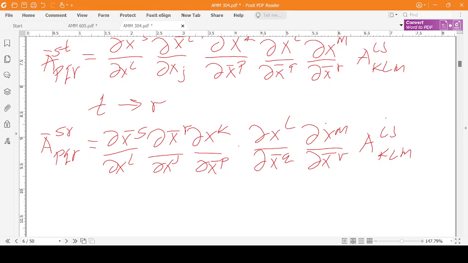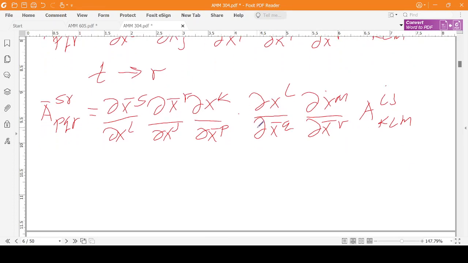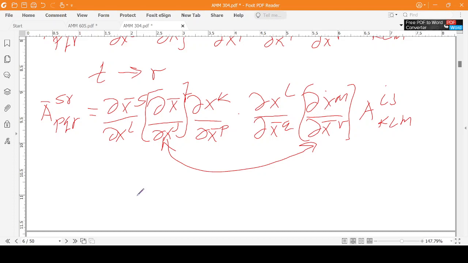When we do this transformation, you see now we have this term here and this one. If you multiply out these two, you get dx bar r by dxj times dxm by dx bar r, there's no bar there.